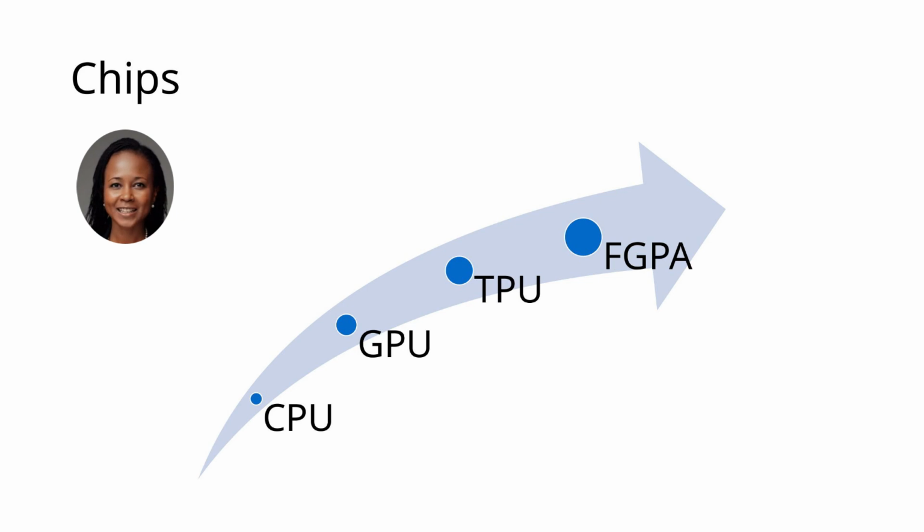Big data requires more computational power, leading to the migration away from central processing units, CPUs, to graphics processing units, GPUs. Neural networks run more efficiently on specialized integrated circuits, or ASICs. This has led Google to develop TPUs, or tensor processing units, specifically for training AI. FPGAs are field programmable gate arrays, which have cost and energy efficiencies over GPUs.